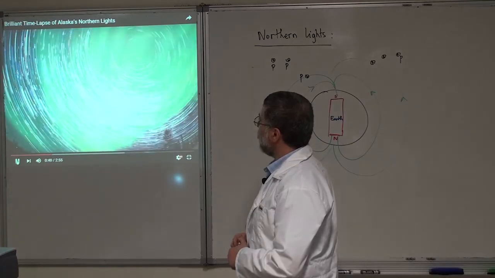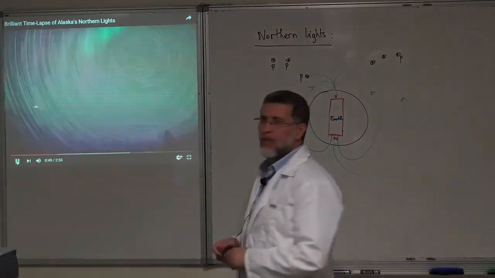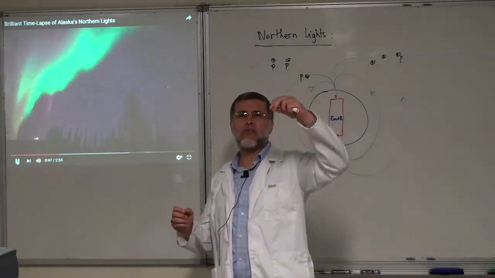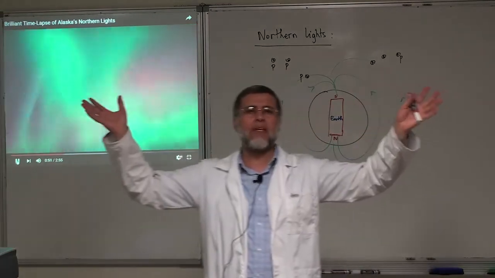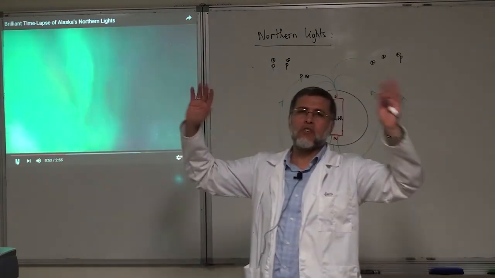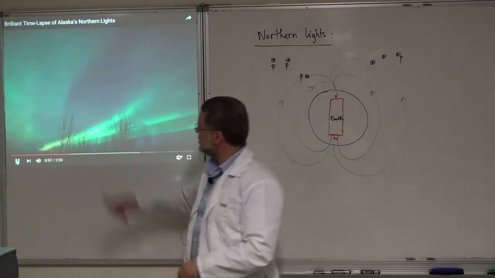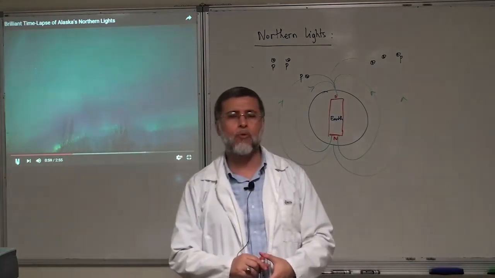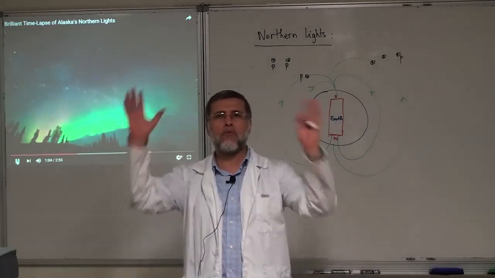That is happening always at the north and south pole, where the magnetic field of the Earth is strong. It is stronger at the north and south pole. It never happens around this place, Saudi Arabia, because the magnetic field is very weak there. You can see the colors, and this is a very beautiful phenomenon. There are people who go to the north and south pole just to look at these beautiful sceneries.